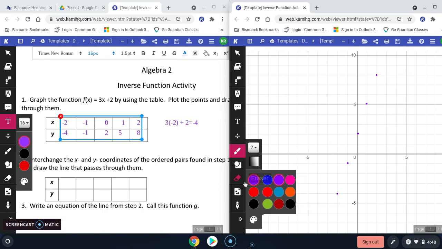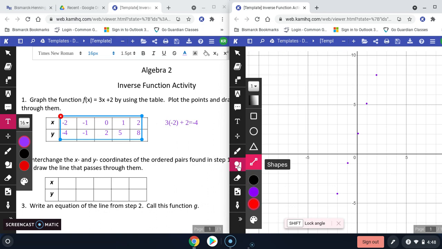Okay, so there's my points. I'm going to try to draw a line through my points.